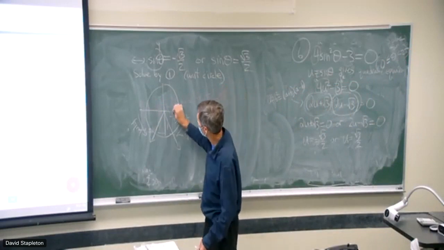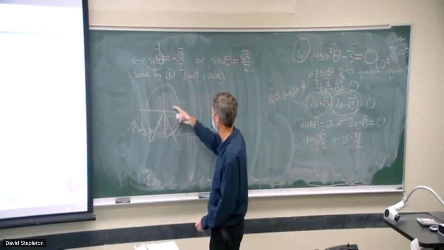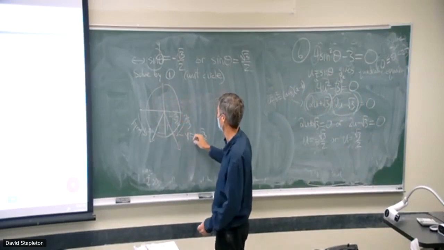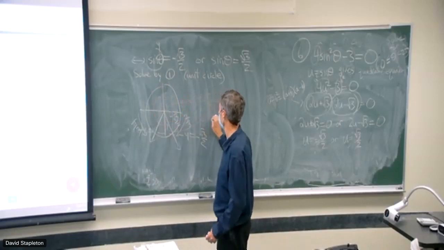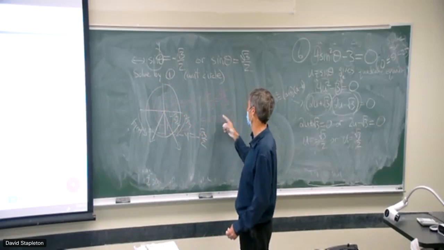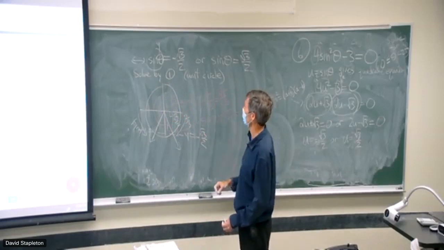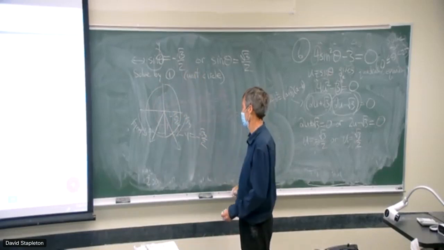Then the other angle is to go all the way around to here. That's 2 pi and then back up this pi over 3. So this one is theta equals 2 pi less pi over 3. Well, this is 6 pi over 3 minus pi over 3, which is 5 pi over 3. So there's the two solutions for this first half.